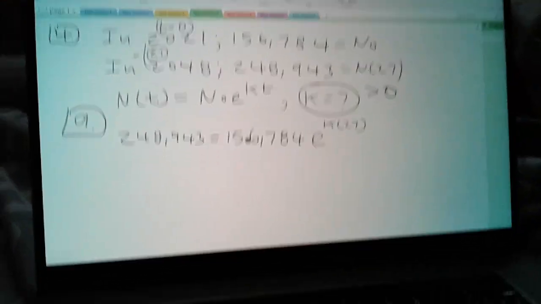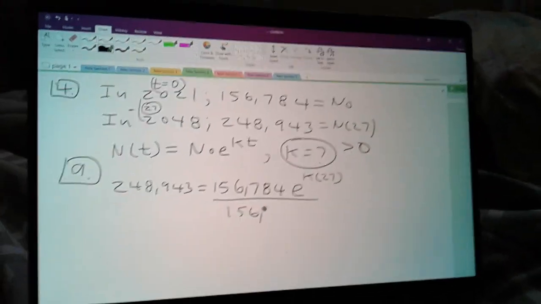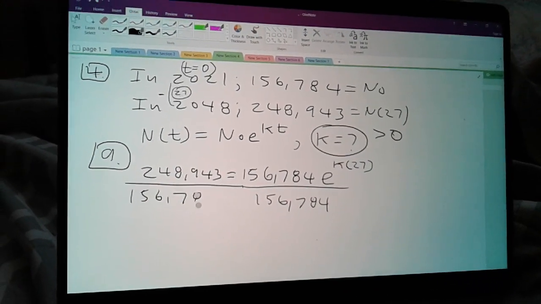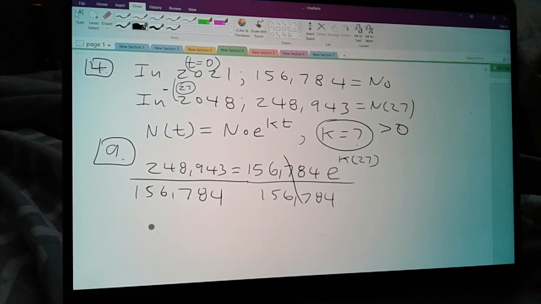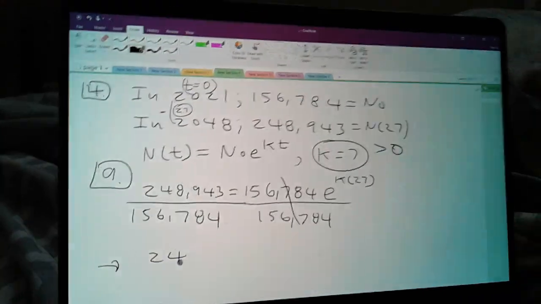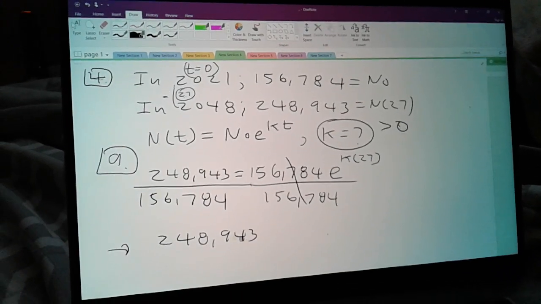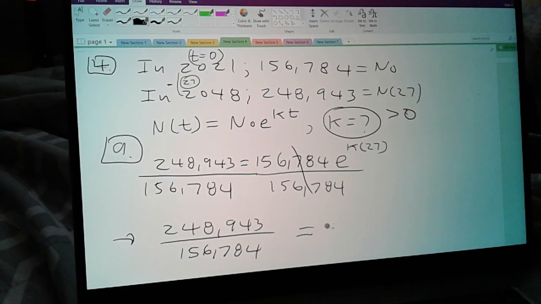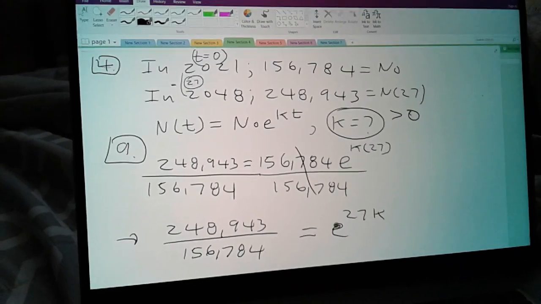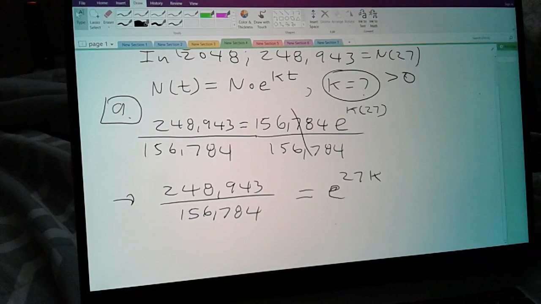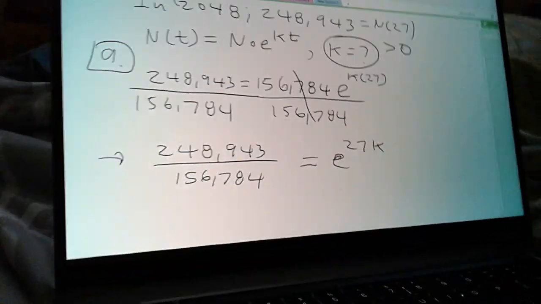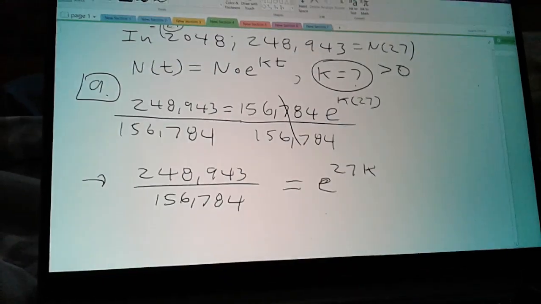So solve it. So I have to divide both sides by 156,784. The numbers are really messy, but the math is still the same process. So we get e to the 27k if I divide both sides by 156,784. So if I take the ln of both sides, I can continue solving for k.